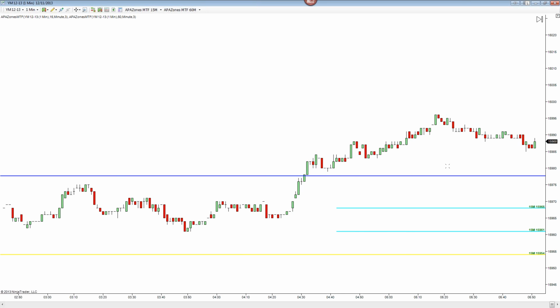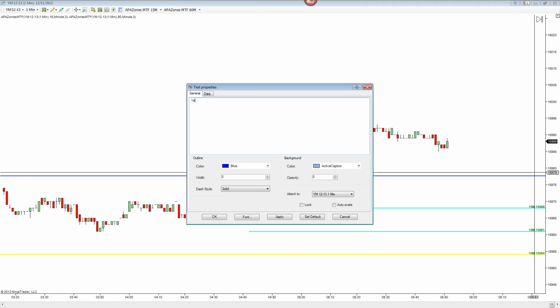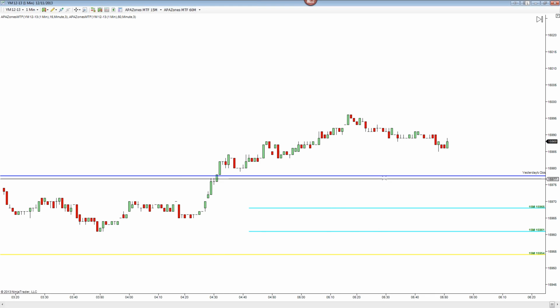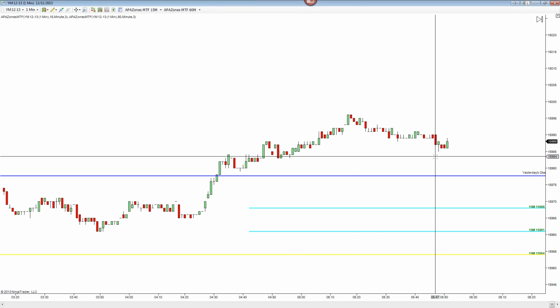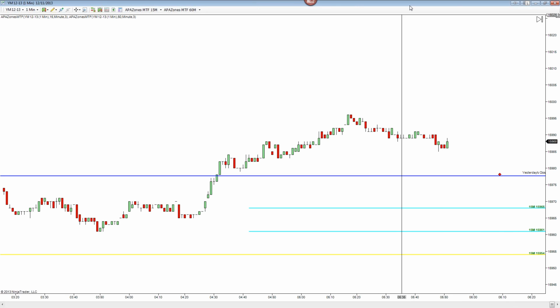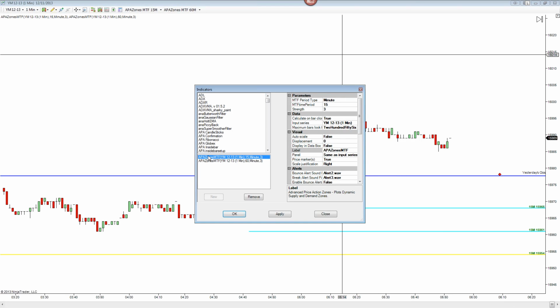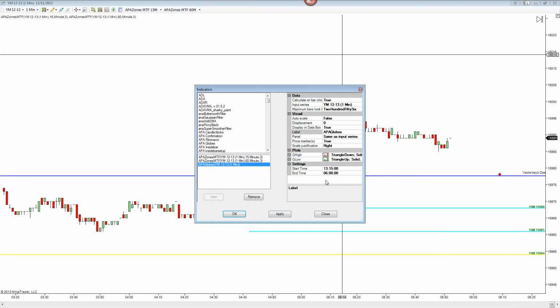Alright, so again, this blue line here is yesterday's close. And I'm looking to put a diamond there, as well as at the Globex levels. So I don't have the Globex levels applied to this chart.